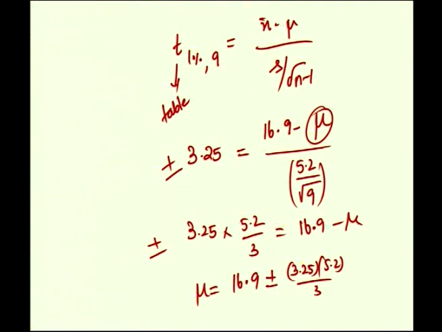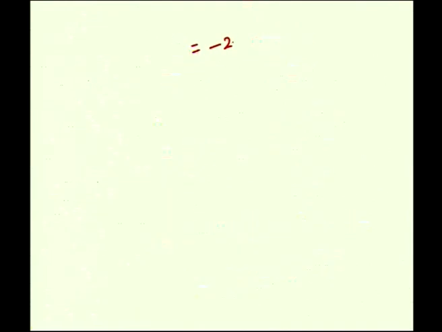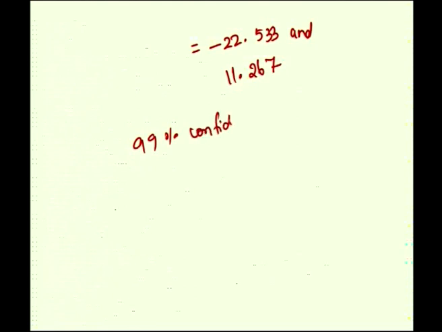So, the values are minus 22.533 and 11.267. So, this is the 99% confidence limits. One value with plus and another value with minus. Confidence limits are minus 22.533 and 11.267.